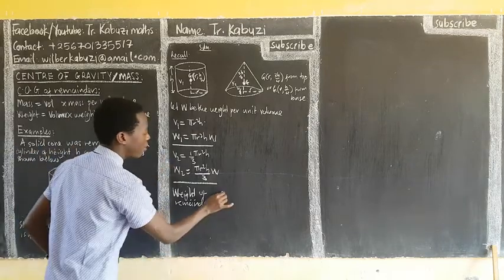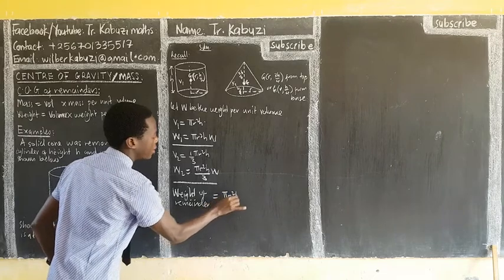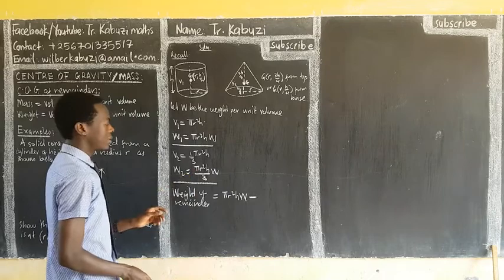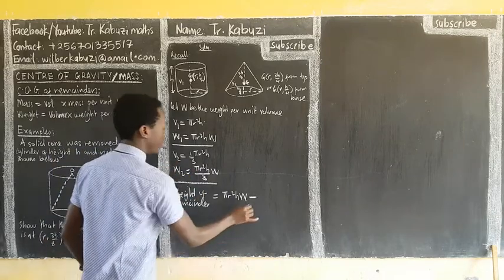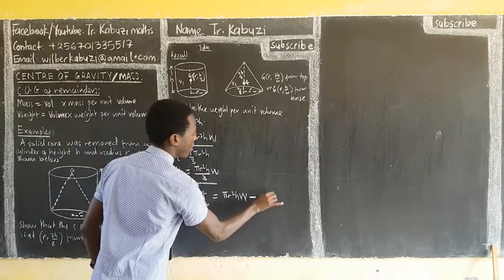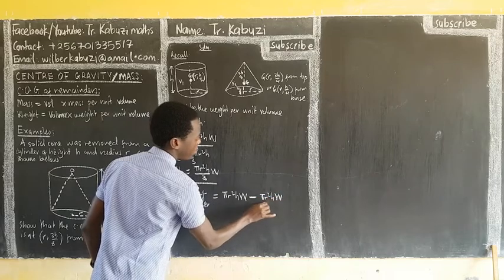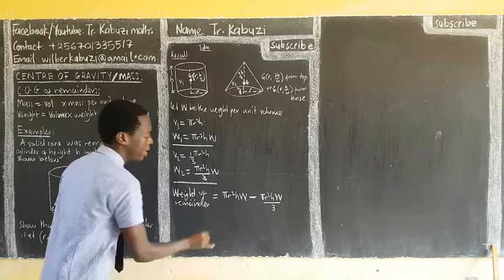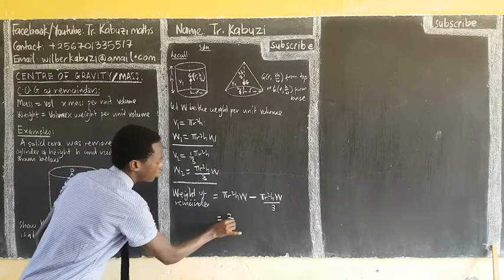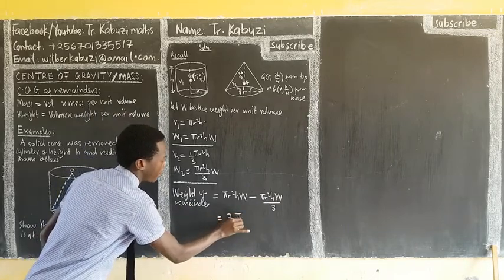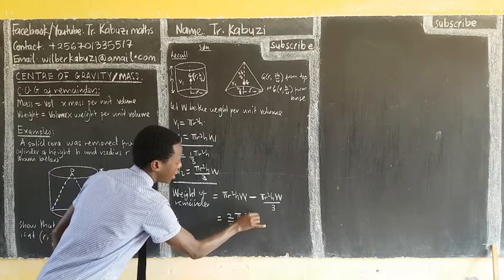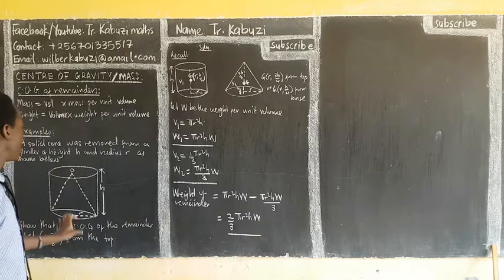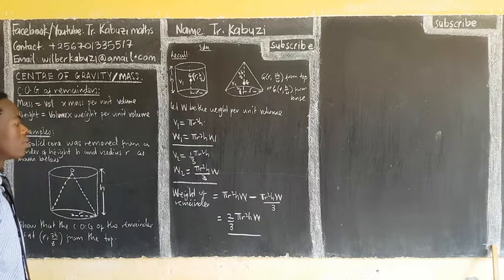The whole is pi r squared h W, then minus the weight of the cone which was removed, which is pi r squared h W over 3. You see this is a third, this is 1. So the remainder is 2 over 3 pi r squared h W. Simple as that. This is the weight that is remaining after removing that one.